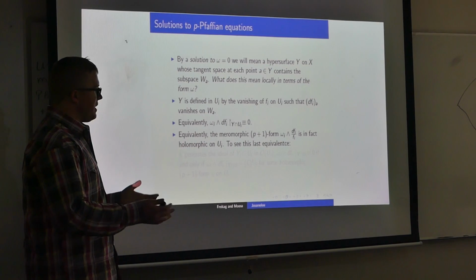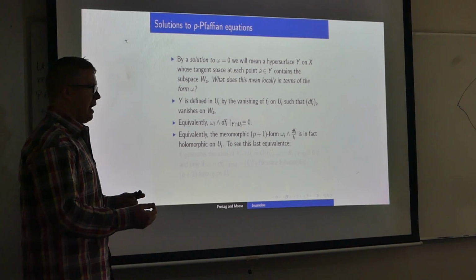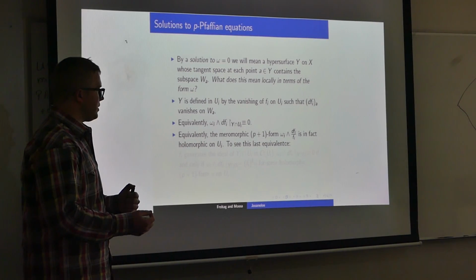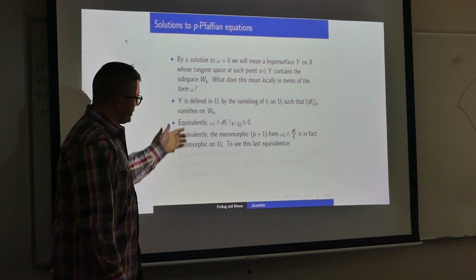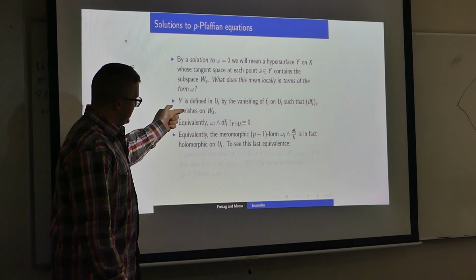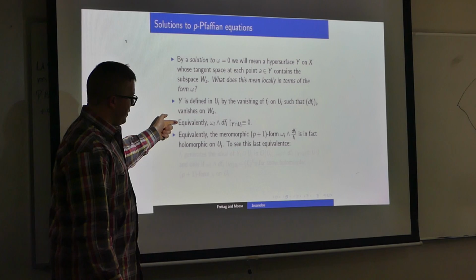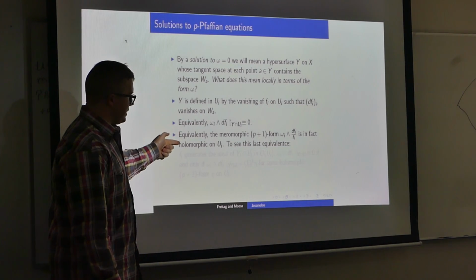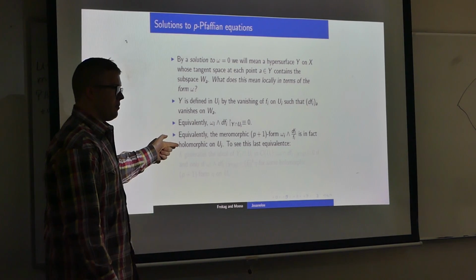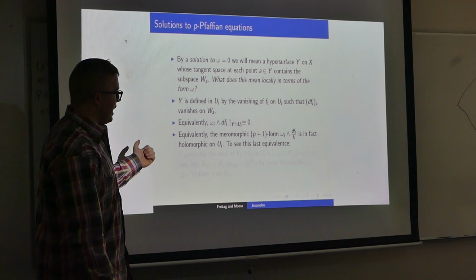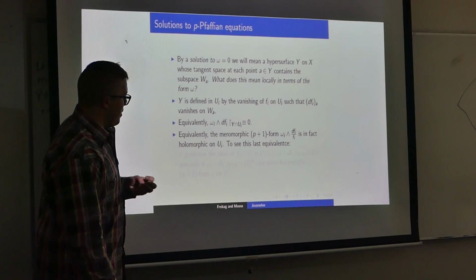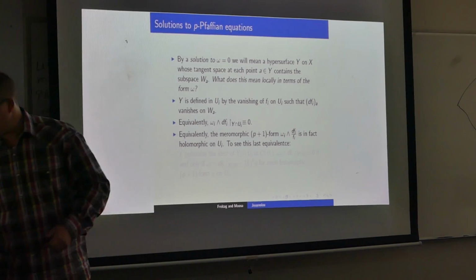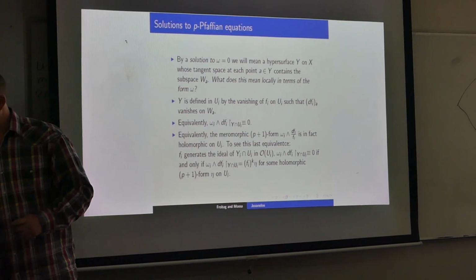It could be that there's points where this is not defined, where the denominator vanishes. But to say that Y is a solution, or this happens, precisely means that this is a holomorphic form. And the way to see that is, let me just put the calculation on the board.